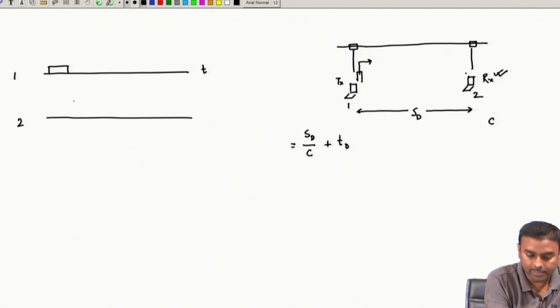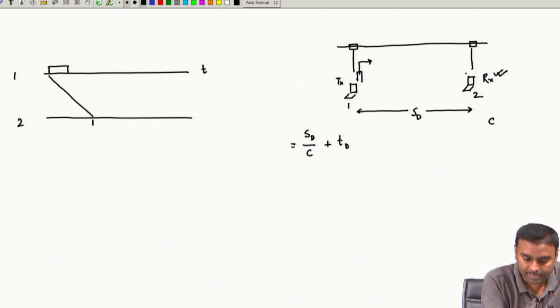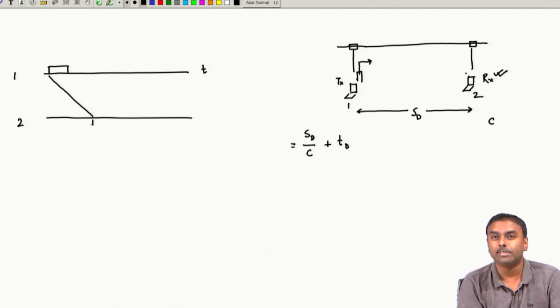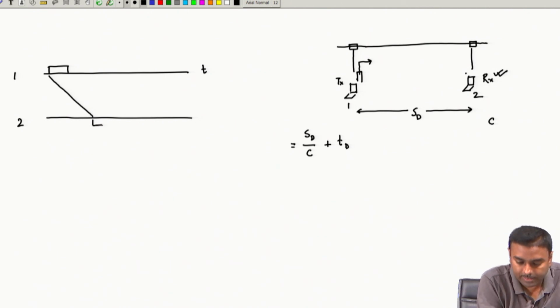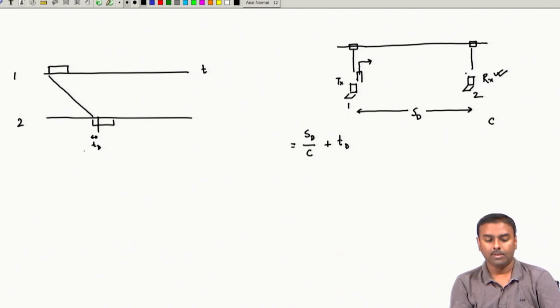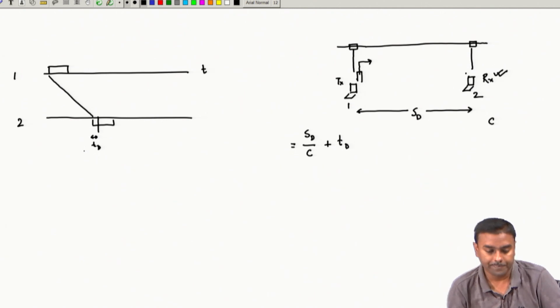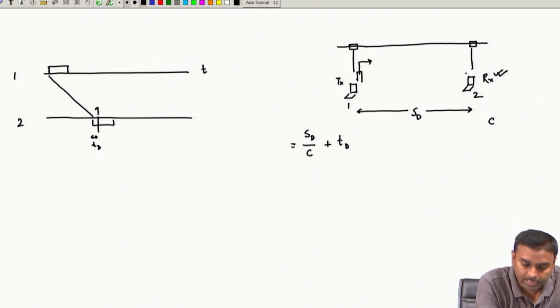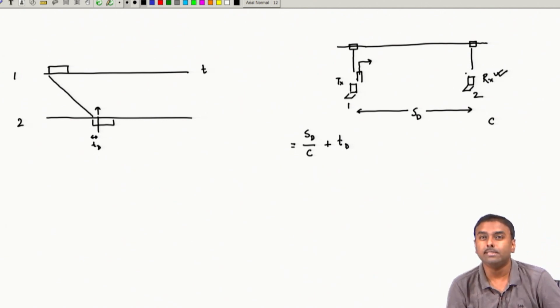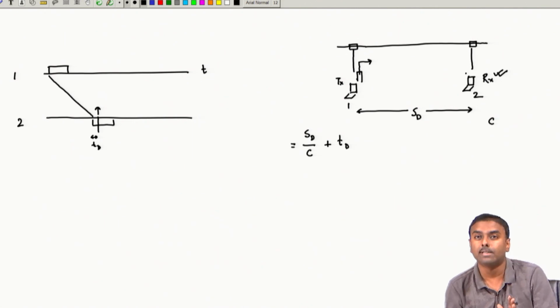His receiver, after some amount of time, SD by c, will receive the first bit and keep on receiving, but he also requires TD amount of time for detection. Only at this point can he detect the presence of some other node and abort transmission.